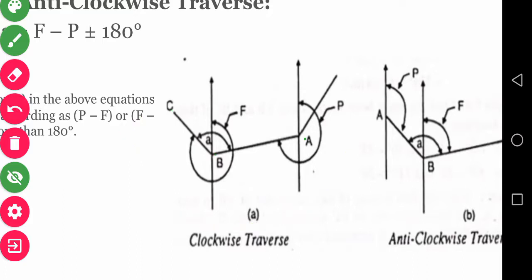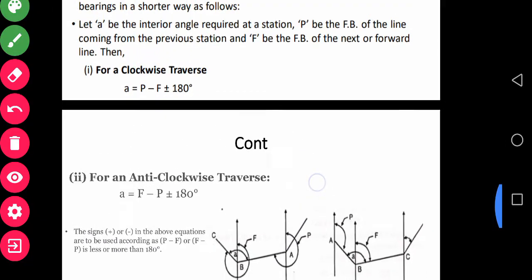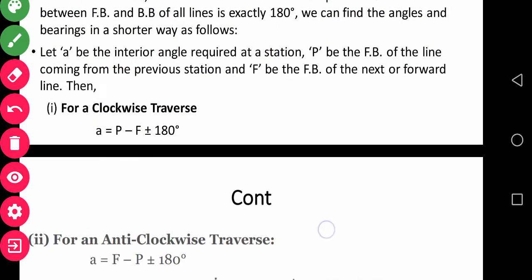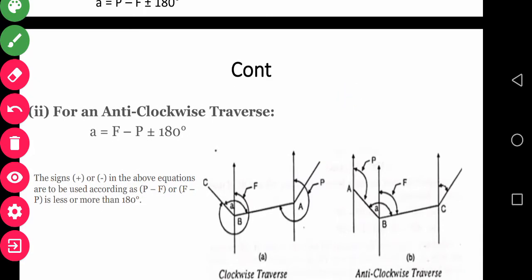Now if I need to find this angle A in this traverse, how can we calculate this angle A? There is a formula to calculate this, which you can refer to here. For a clockwise traverse, it is P minus F plus or minus 180 degrees. Here P and F are clearly shown.